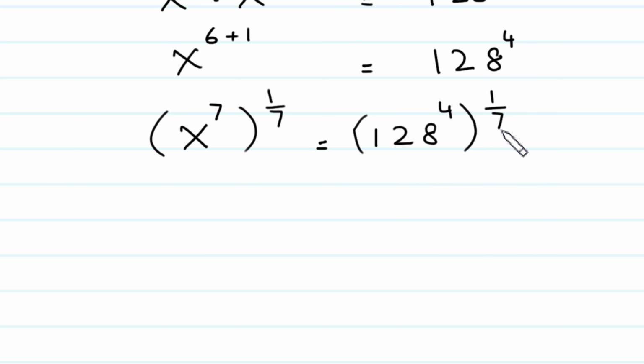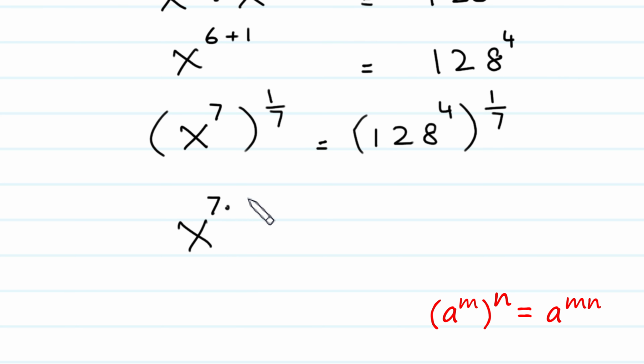Next we apply here the rule of exponents that the power inside the bracket is multiplied by the power outside the bracket. Like this, x to the power 7 times 1 over 7 is equal to 128 to the power 4 times 1 over 7.